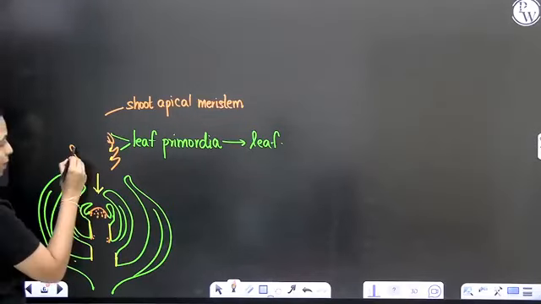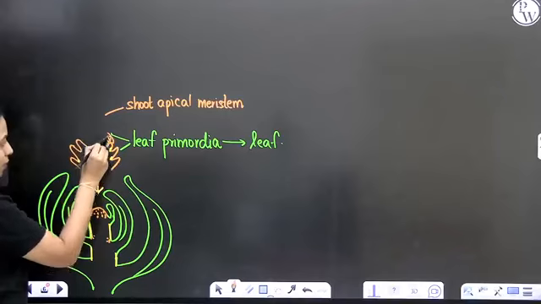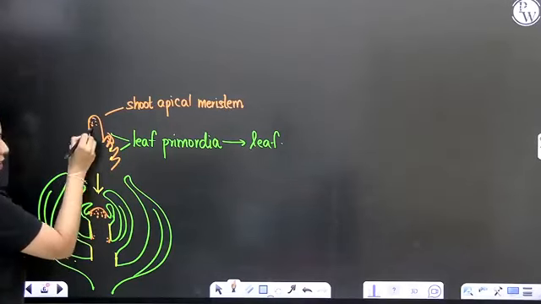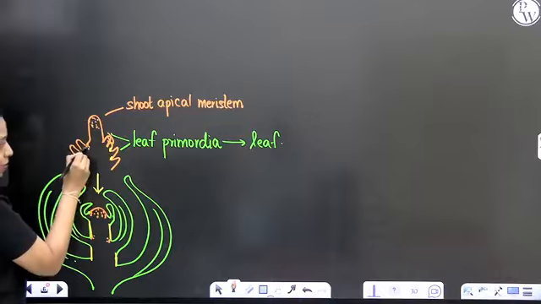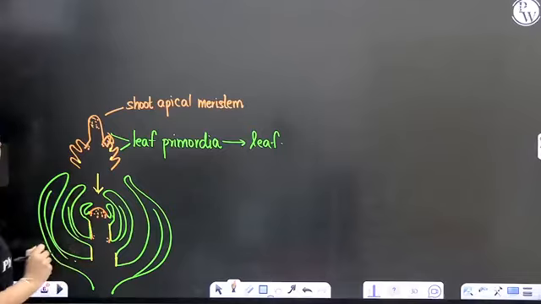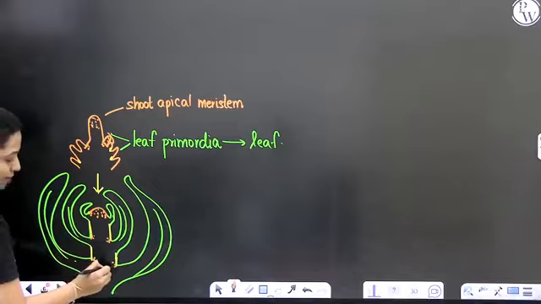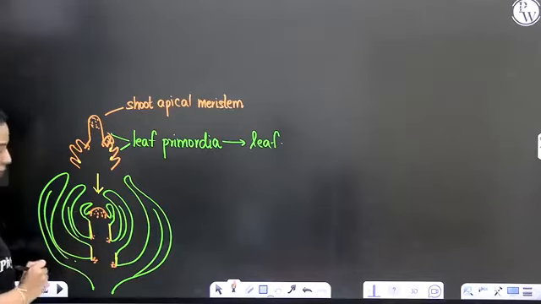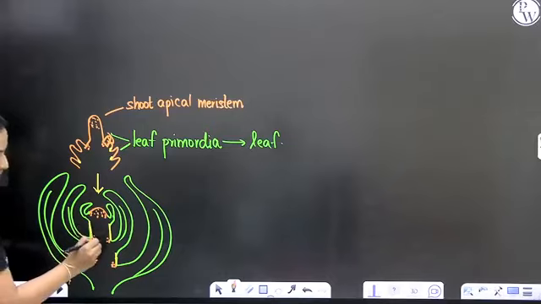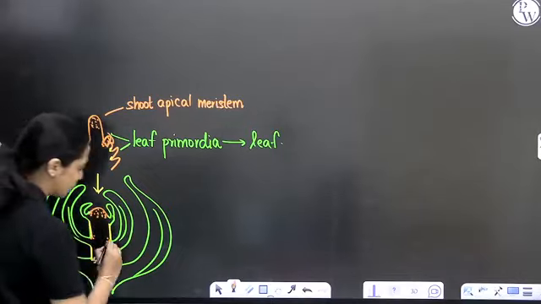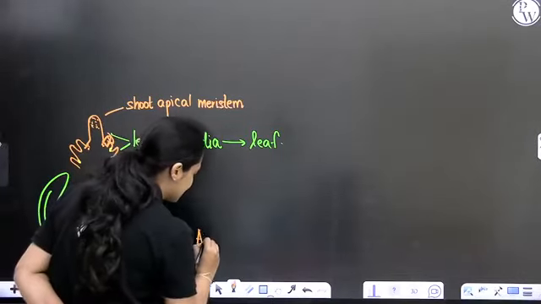This shoot tip will become long like this. Some of the meristematic cells will be left behind near the leaf primordia, like that. Near the leaf primordia, some of the meristematic cells will be left behind. Now these meristematic cells that are left behind near the primordia eventually will become the axillary bud.